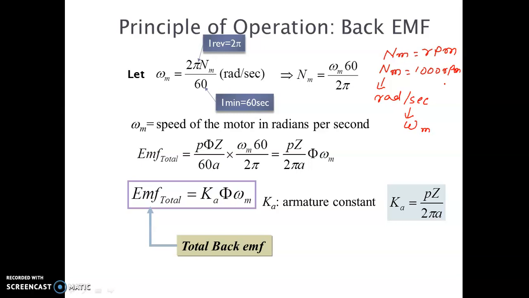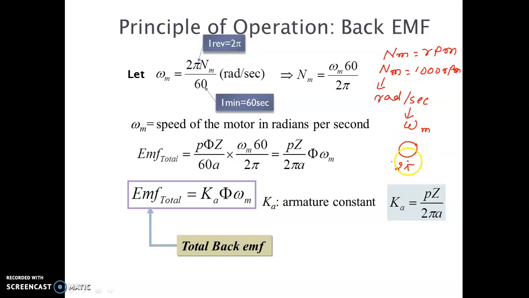So I want to change Nm into omega m. Suppose it is one revolution, then how many radians? 2 pi. So for one revolution, 2 pi radian is formed.